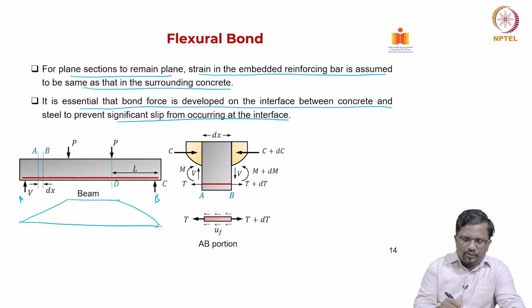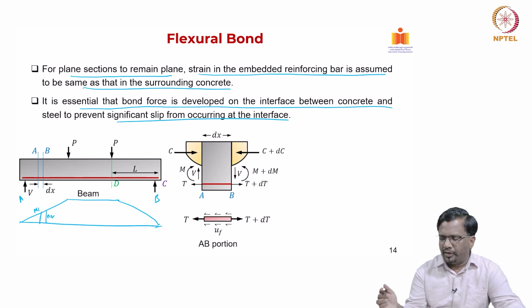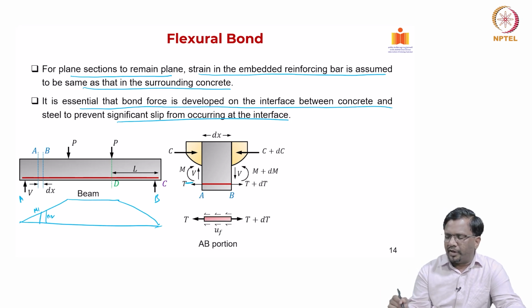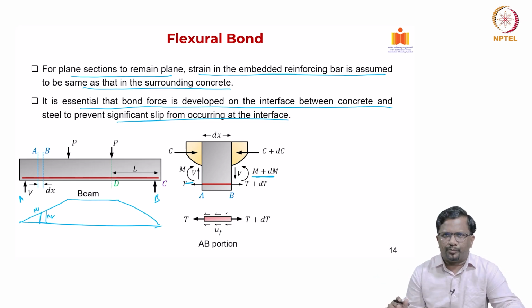At these two locations we have M1 and M2. You see that the bending moment is increasing. This is the moment on the left side and the right side, and there is going to be an increment in the moment, M1 increases to M2. That is written as M plus dM.